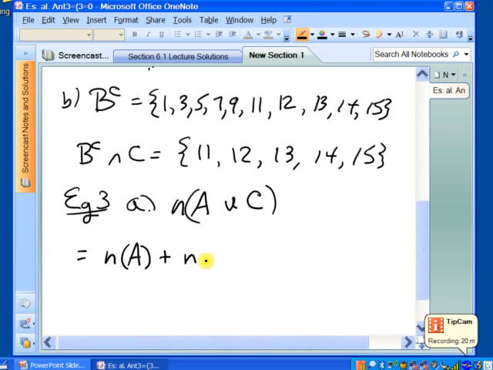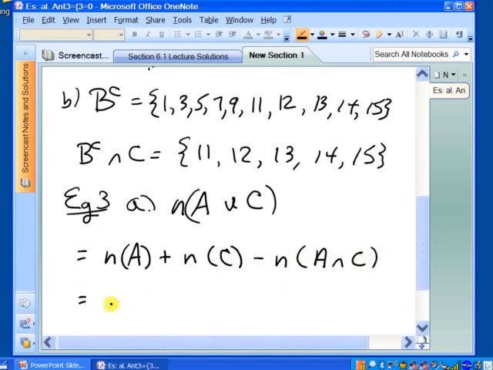That's the cardinality of A plus the cardinality of C minus the cardinality of the intersection of A and C. The cardinality of A, that's the number of households that had incomes below 35,000. If we look down the first column of data, we get 53.8. And then C, that's the number of households in the Midwest.